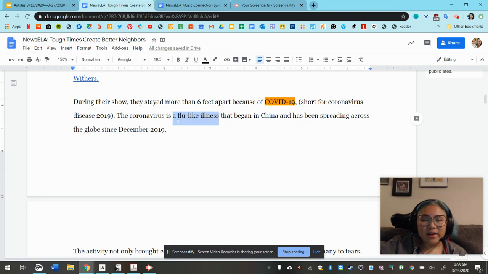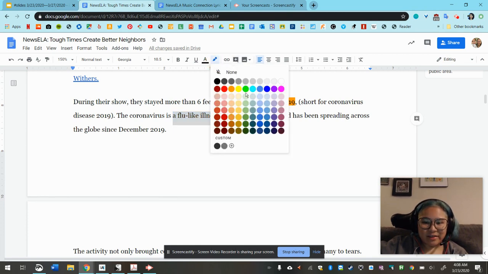This is the part that I want to comment on because I want to know what kinds of symptoms we are talking about when we talk about flu-like. Is it like fever? Is it like vomiting? I want a more specific list of what the sickness looks like. So since that's a question that I have for later, I'm going to annotate that in green.